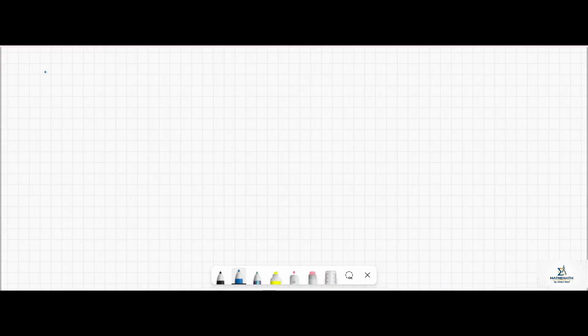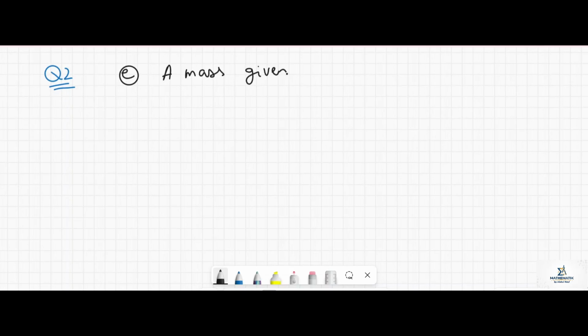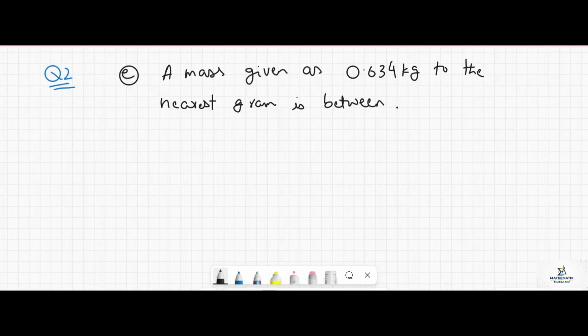So we have a question number 2. Question number 2, part E. So part E says we have a mass given as 0.634 kg to the nearest gram is between dash kg and dash kg.